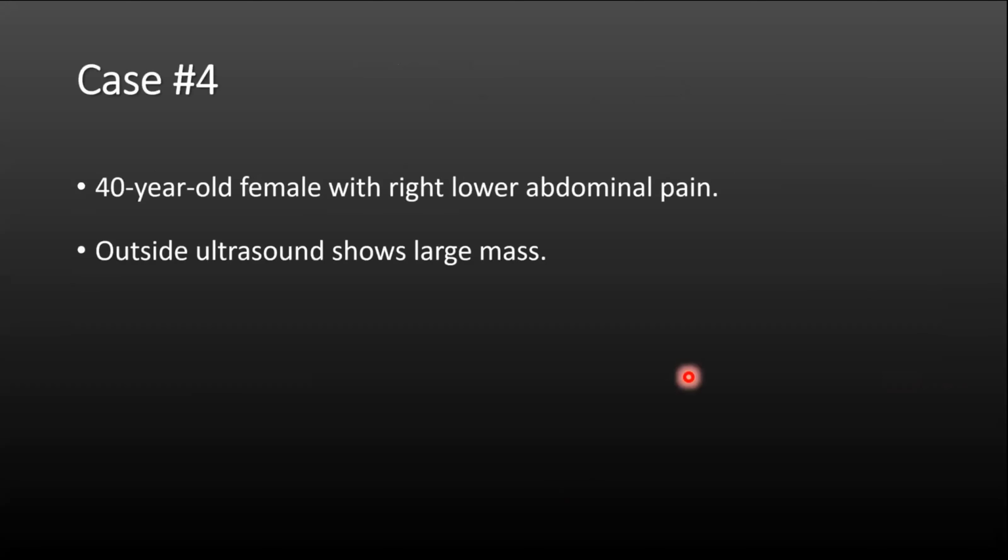Okay. Case number 4, this is a 40-year-old female with right lower abdominal pain. Outside ultrasound shows a large mass. I'll scroll through the images before I show the static images.